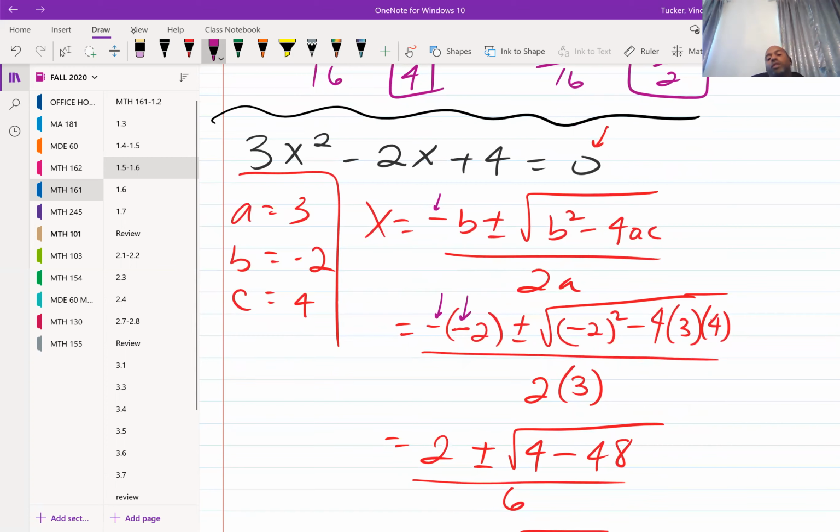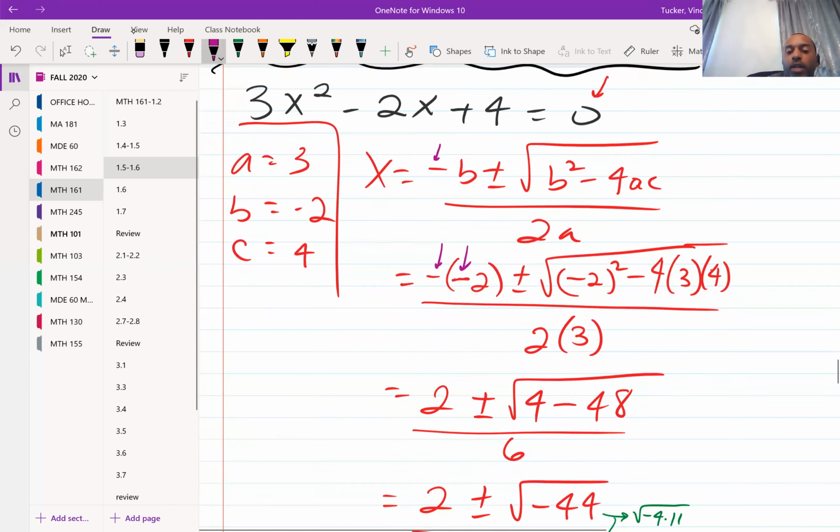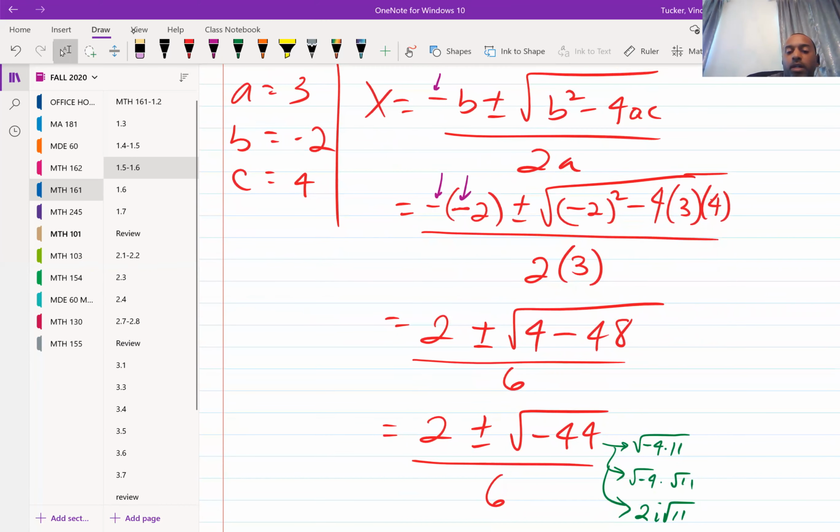Then that's -4 times 3, which is -12 times 4, which is -48. Any problems? All right. 4 minus 48 is -44.